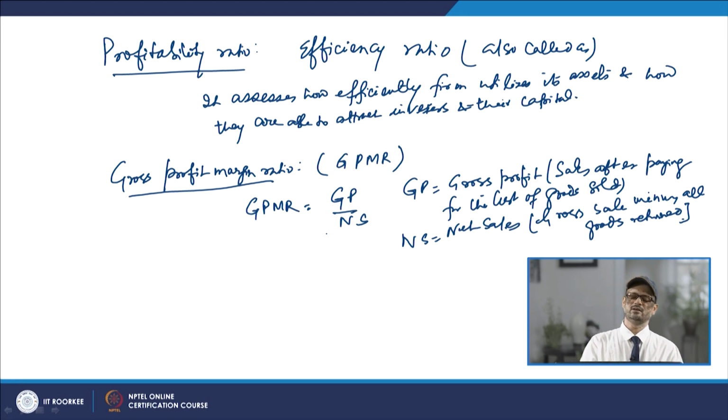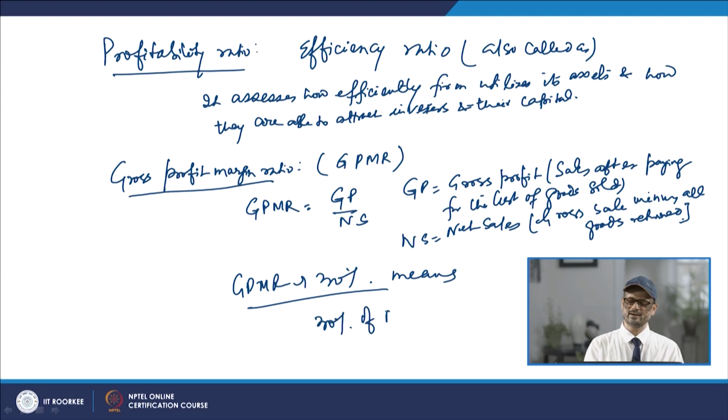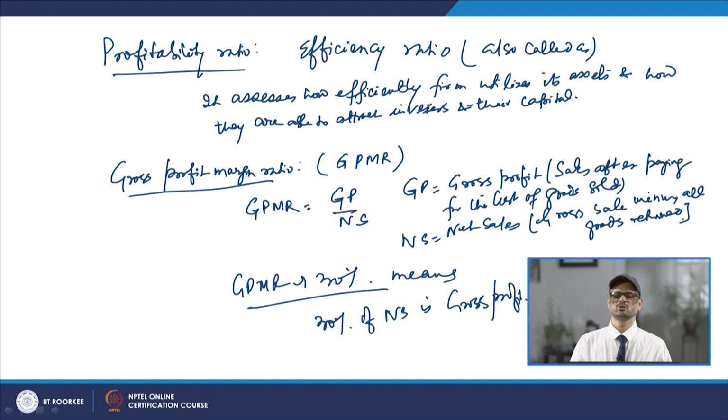If you are getting 30% as the GPMR, it means 30% of net sale is the gross profit. So, the larger the GPMR, the larger the percentage of the net sale that will be your gross profit. That is one of the ratios described. Then next may be the operating profit margin ratio.